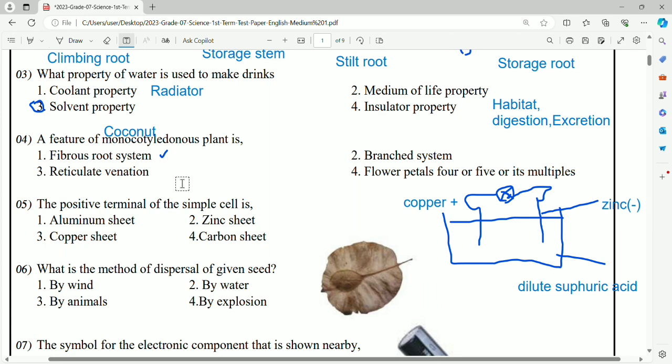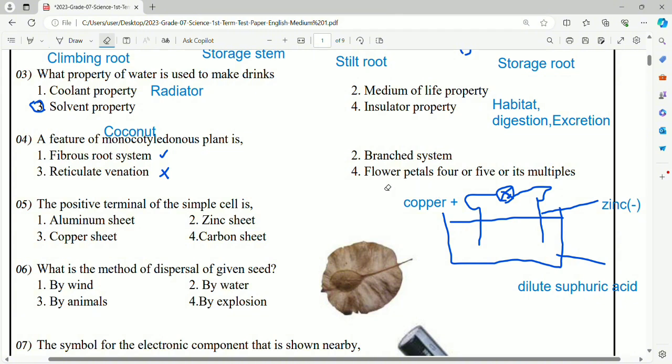Monocot plants have parallel venation and are unbranched, so the branched statement is wrong. Reticulate venation is wrong; coconut shows parallel venation. Coconut is unbranched.